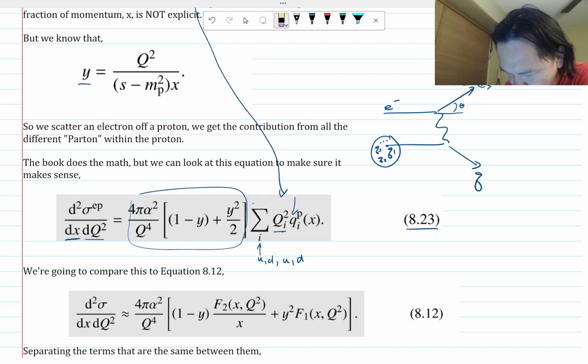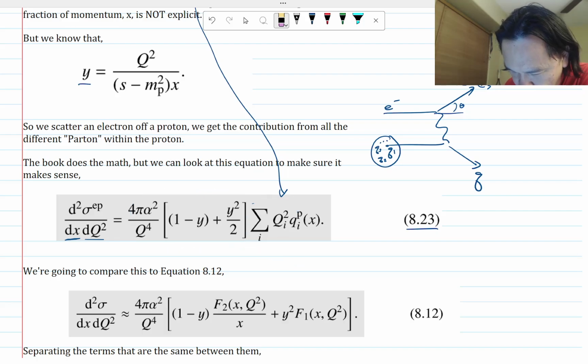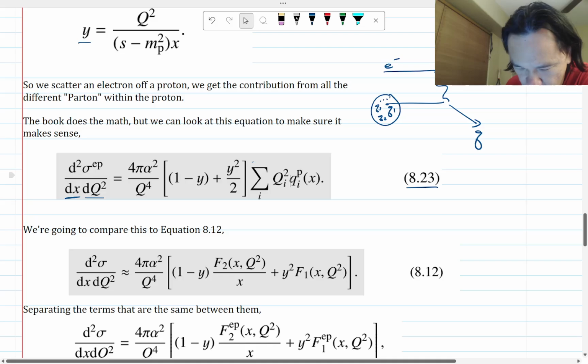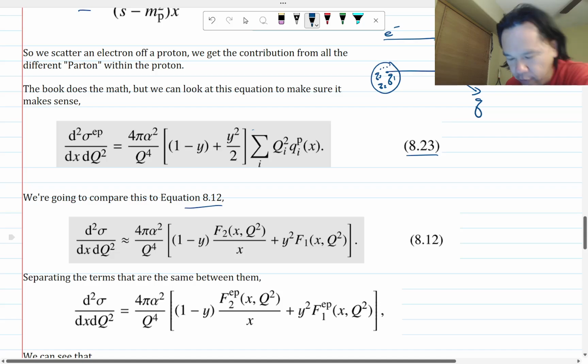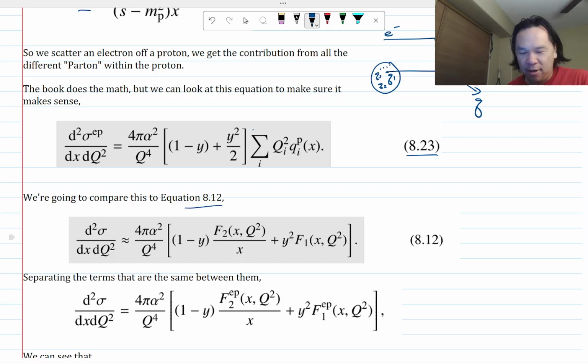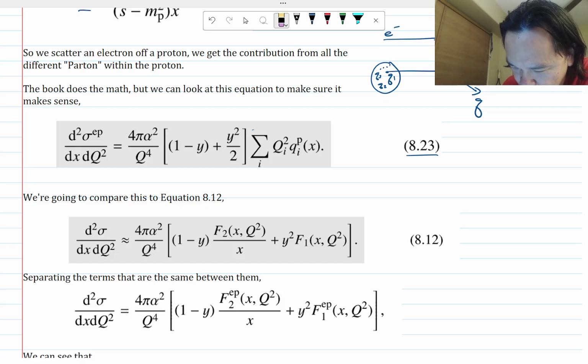So why are we doing this? We're going to erase some of this stuff so we can compare this to the next equation. We're going to compare this to an equation that we derived in 8.2, which is this structure function stuff that, when you saw the video previously, you may have wondered why we were doing it. So this is the reason why. Notice that right here, I'm going to rewrite this even more explicitly.